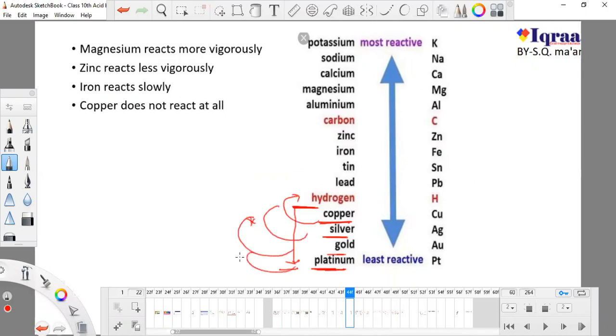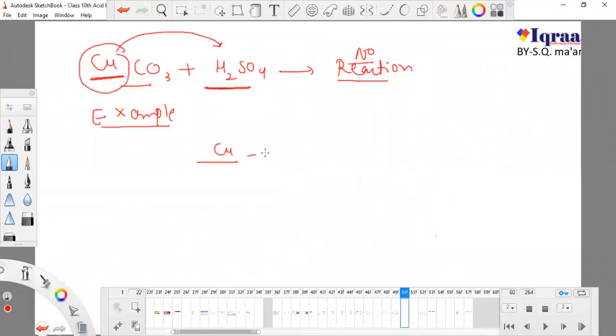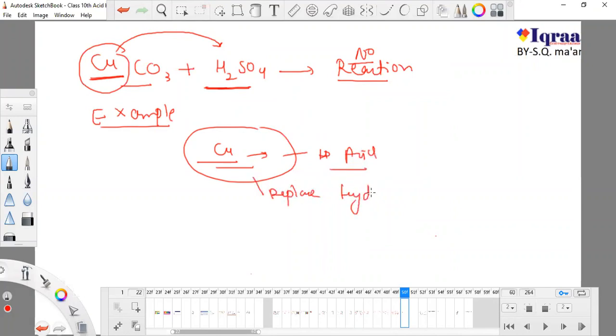You can use anything above it in your example, because they can replace hydrogen. So don't use copper in your exams, or you could be asked what would happen if we use copper. Copper has nothing to do with acid, it cannot replace hydrogen.